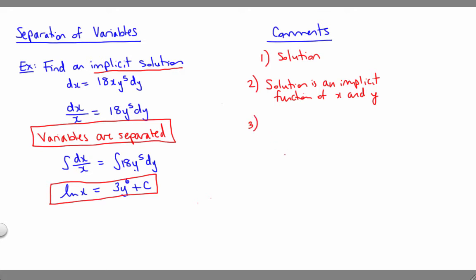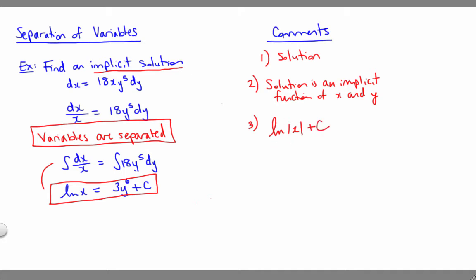Third comment, notice when we were solving our differential equation in that very last step, when we integrated the left side, we wrote ln x. Now if we think back to our ln form, right back towards the beginning of the video series, we said that formally when you integrate dx over x, you'd get ln absolute value of x, and then plus a constant, if we were being careful.